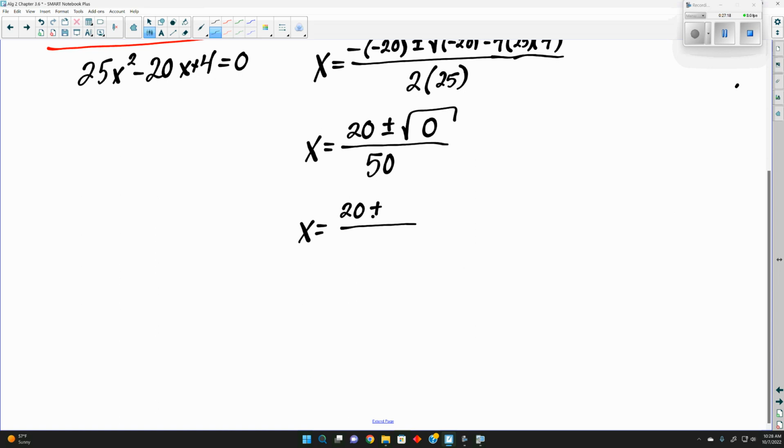Well, what is the square root of 0? 0, yes? What is 20 plus 0? What's 20 minus 0? So really, all this is saying that x is equal to 20 over 50, yes?